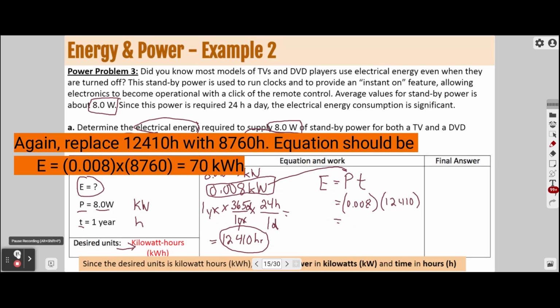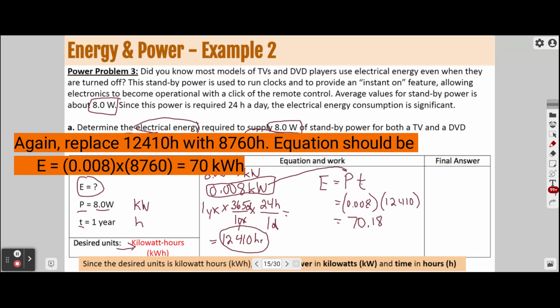And we multiply these together, which gives us 99.28. Oh, made some kind of little error there. So when 0.008 is multiplied by 12,410, you actually get 70.18.